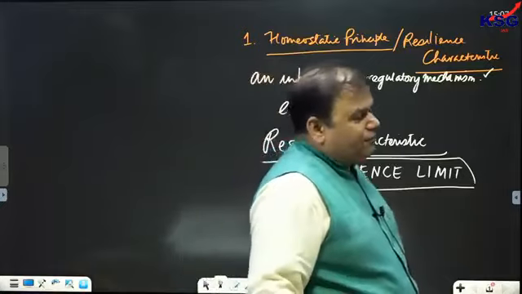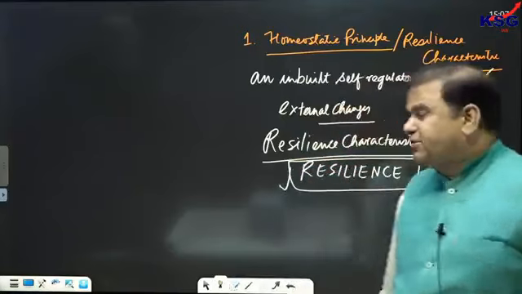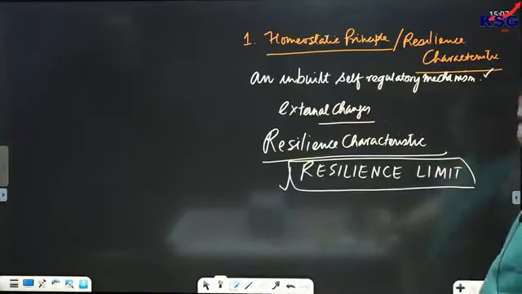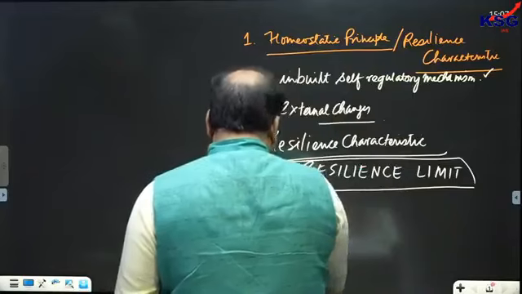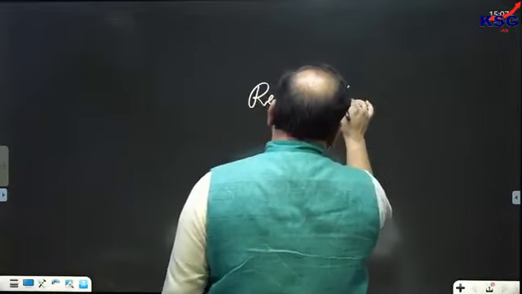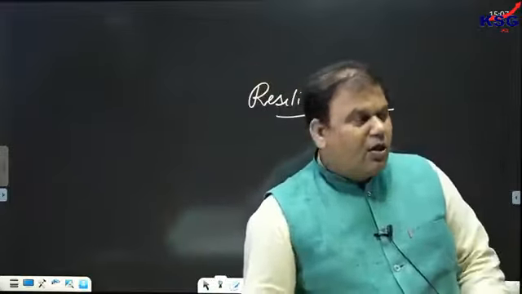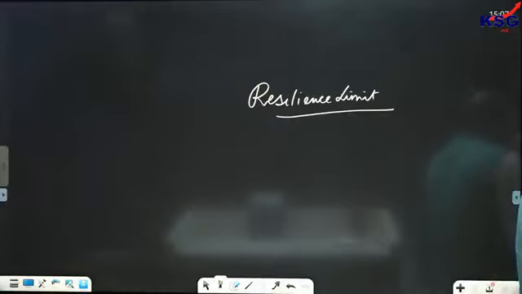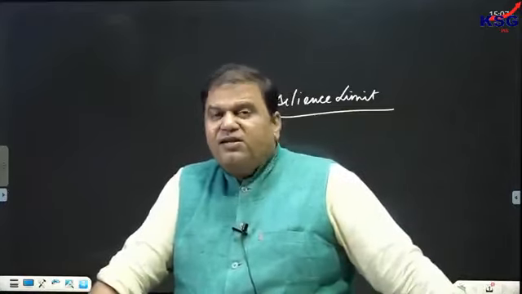But if the magnitude or nature of external change is such that the resilience limit of the ecosystem is surpassed, it means that the ecosystem is no longer able to adjust, no longer able to adapt to maintain the internal conditions.